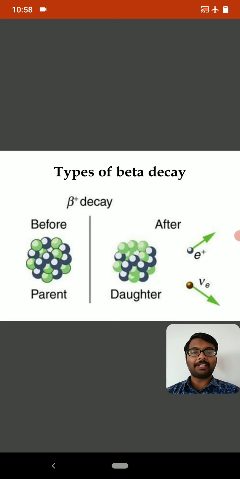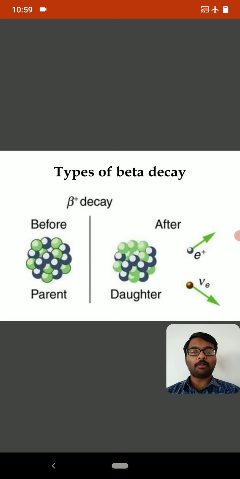Again because of charge conservation, along with that neutron, 1 unit of positive charge is emitted, that is nothing but e plus, the positron, the antiparticle of the electron. The remaining properties are the same, but the charge is opposite. So in beta plus decay, a proton is converted into a neutron with the emission of a positron.